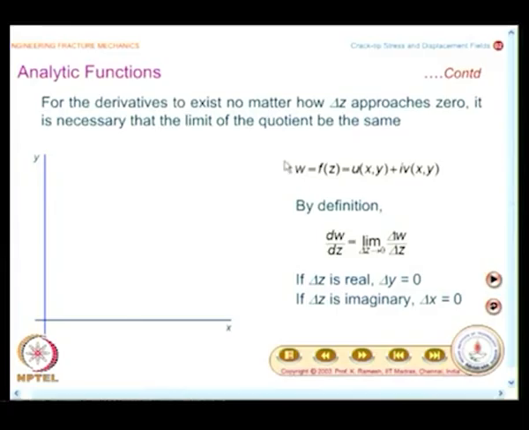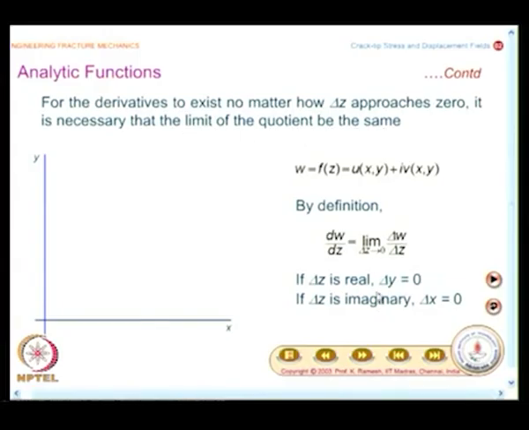And when you say that function w is differentiable, we define dw by dz equal to the limit as delta z tends to 0 of the quotient delta w by delta z. For the derivative to exist, no matter how delta z approaches 0, it is necessary that the limit of the quotient be the same.